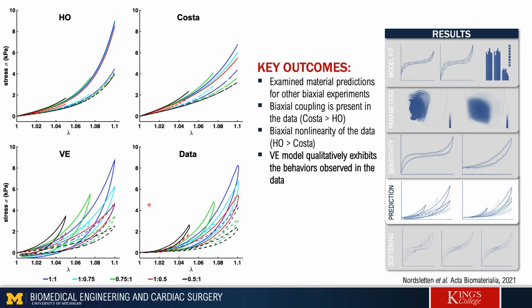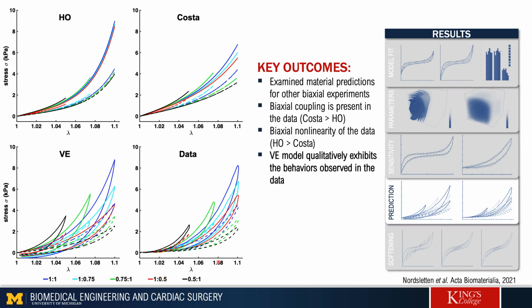What we looked at was, instead of equibiaxial testing, varying how much you load the fiber and the cross fiber directions. The data that you see is down here. The solid curves represent the fiber stresses, and the dashed curves represent the cross fiber stresses. And the colors represent different ratios of loading, depending on whether you're loading more in the fiber direction or in the cross fiber direction.